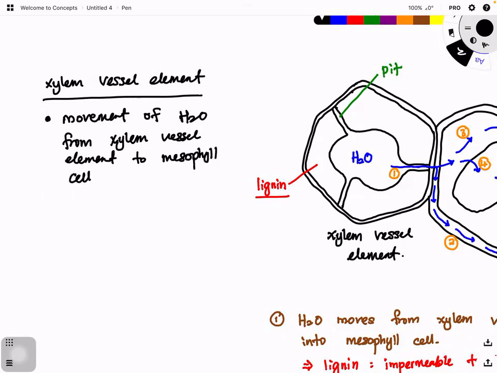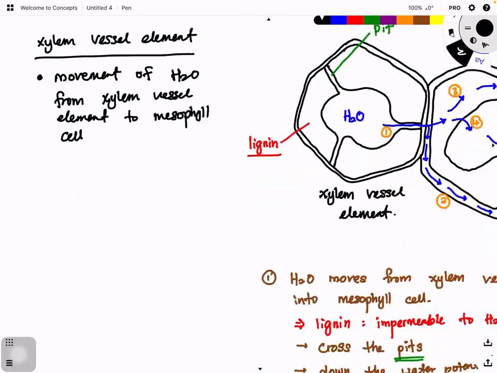Due to this process, what actually happened? This process caused a decrease in the volume of the fluid. Correct or not? When the volume decreases, it will cause a decrease in hydrostatic pressure.